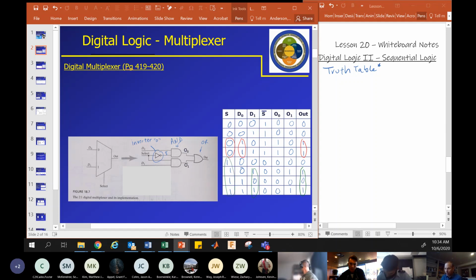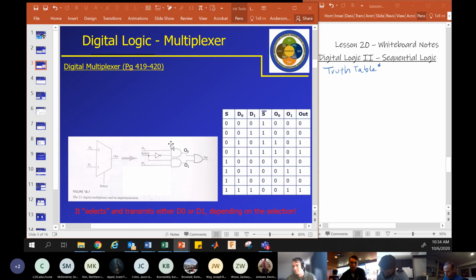Okay, so this circuit is allowing you to select between two different inputs. By controlling the S line, you can pick to either pass along D0 or pass along D1. That's a multiplexer. This is just a 2-input multiplexer. You can have many more inputs. Okay, so that's the solution to that. So kind of a cool device.